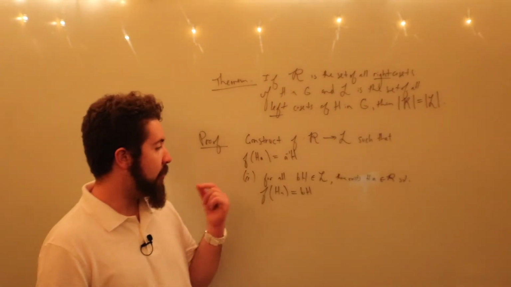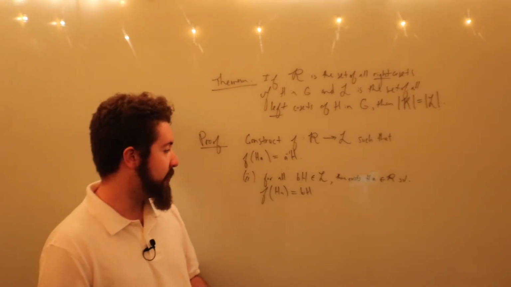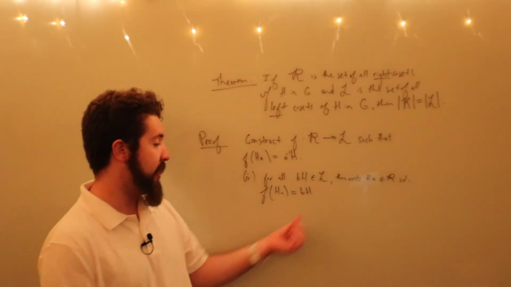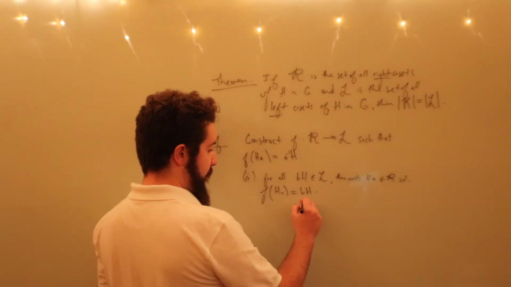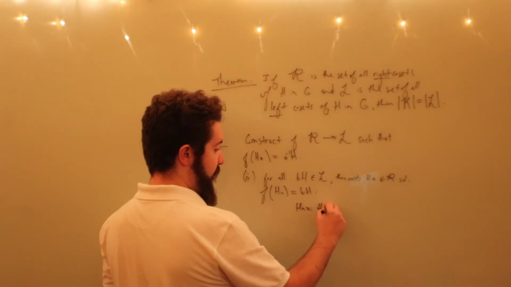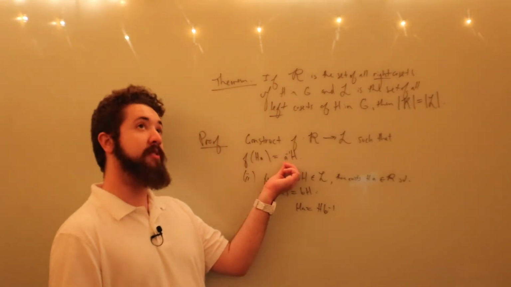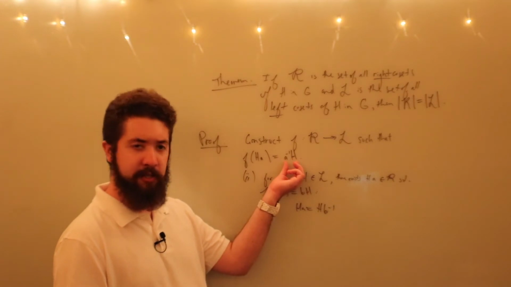All right, now for all left cosets, there's going to exist a right coset such that f of HA is equal to BH. Namely, HA is going to be equal to HB inverse, right? Because HB inverse maps to B inverse inverse H, or just BH.